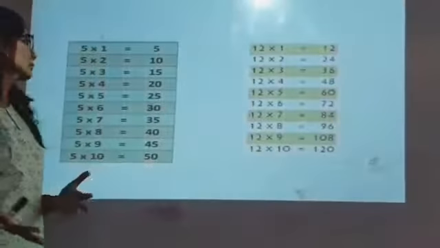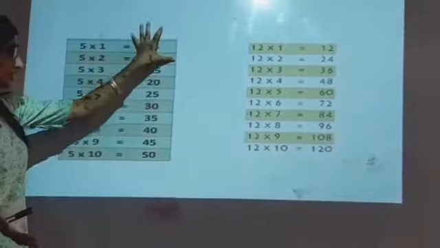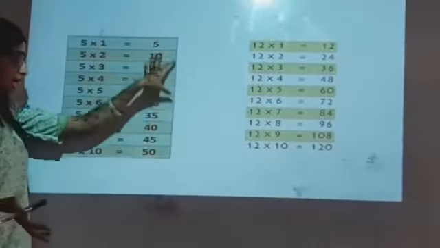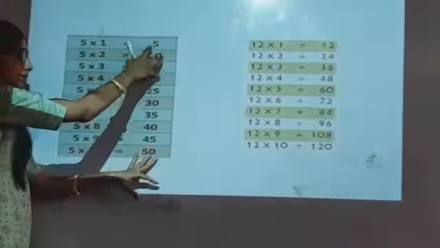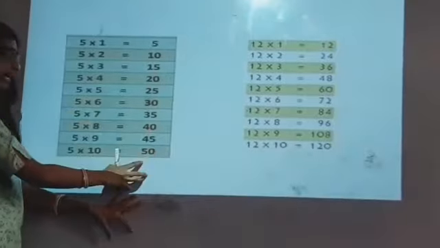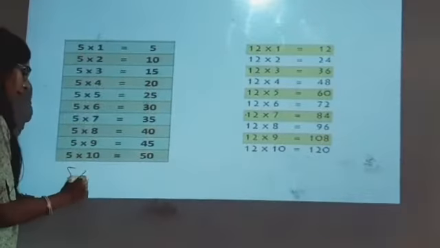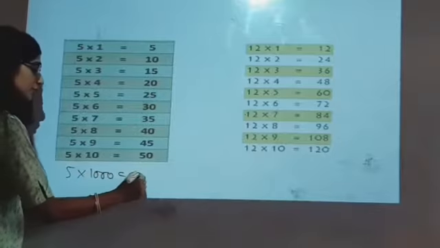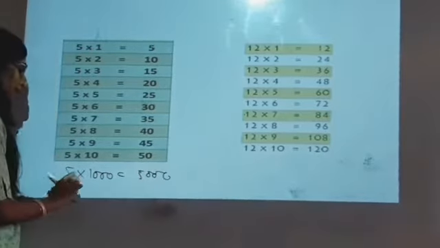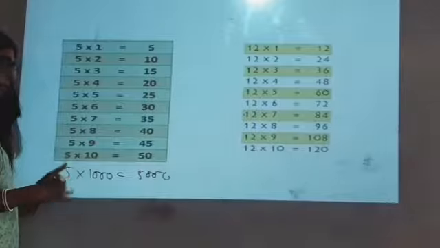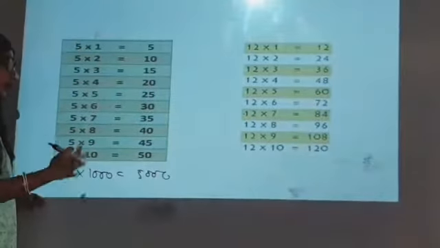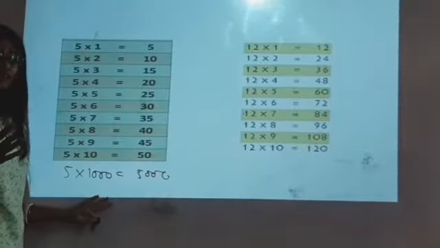Like, what are the multiples of 5? You simply see the table of 5. These are all the multiples of 5. 5 ones are 5, 5 twos are 10. Multiples can be infinite, because if you multiply 5 by 1000, you get 5000, and if you multiply 5 with any non-zero number you can get a multiple, so it can be infinite.